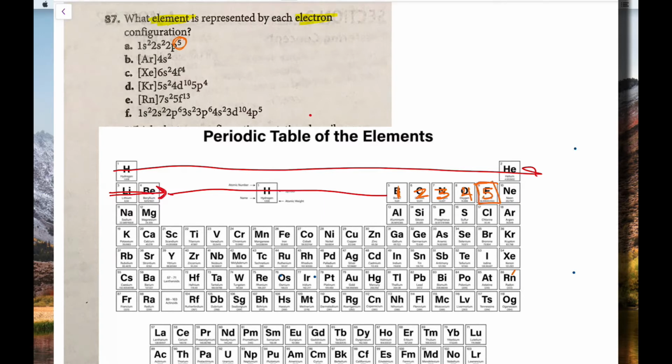This is where I would stop right here. That tells me the identifying component of what I'm looking at. That's fluorine. So this is fluorine right there. Okay, so let's work out another one.